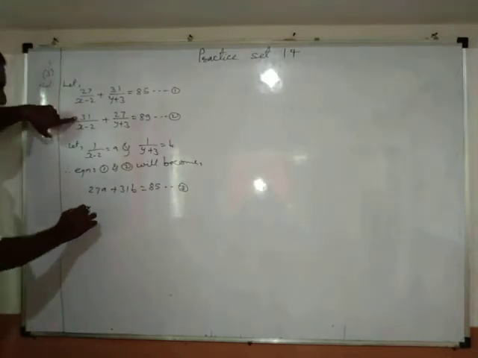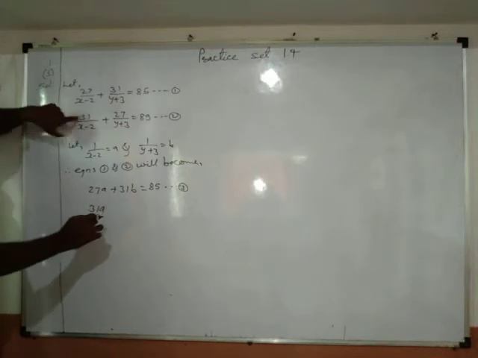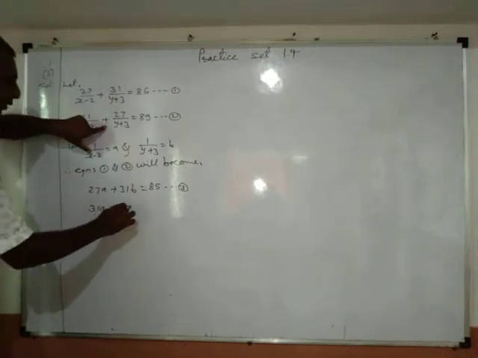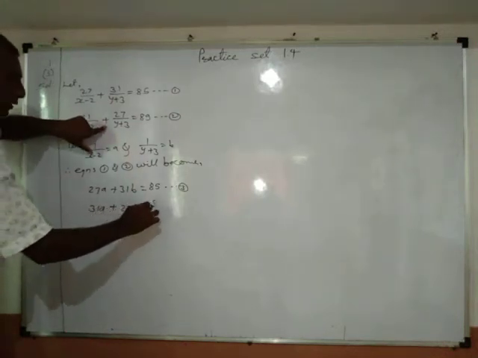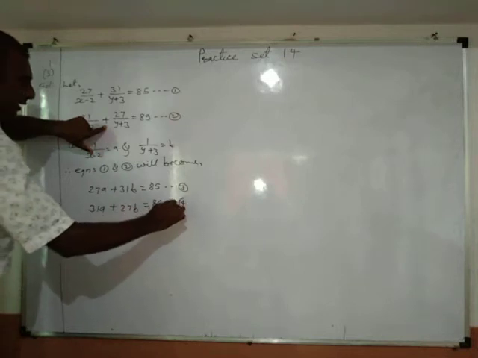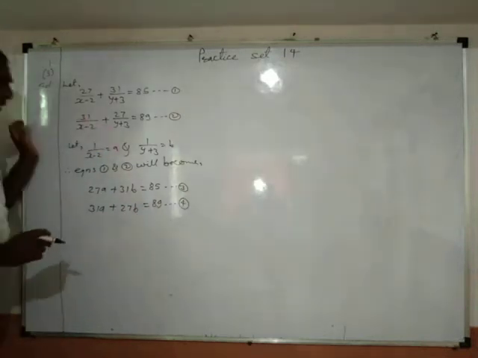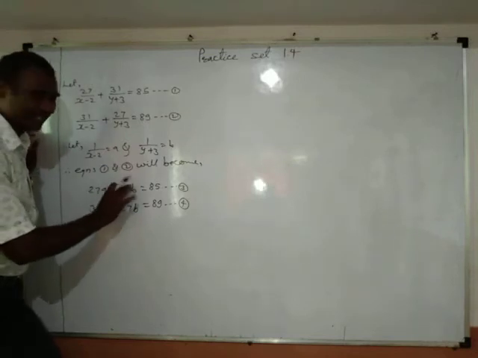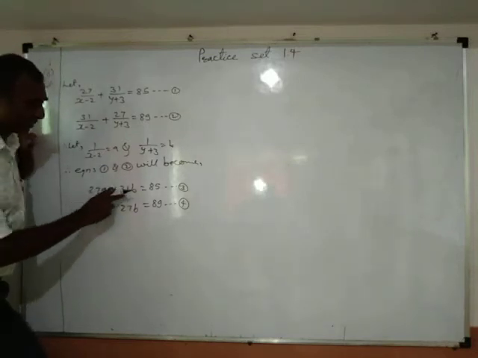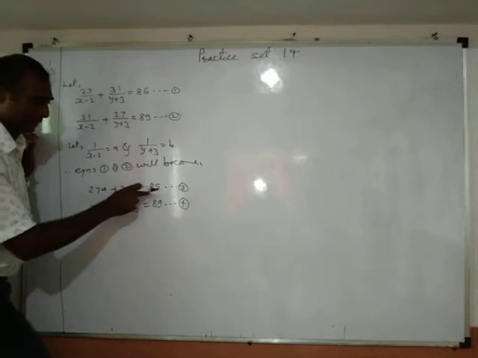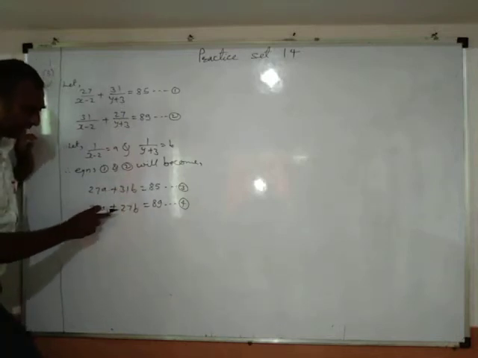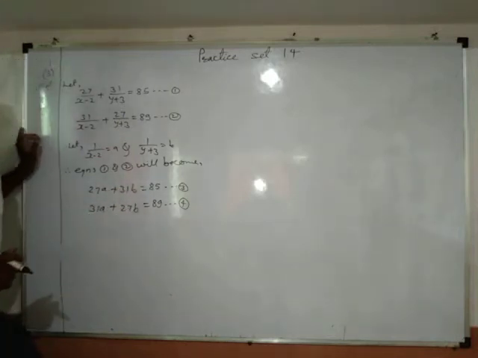Similarly it will be 31a plus 27b equals 89. Equation 4. Now here you may note the coefficients of a and b are exchanged. 27a plus 31b equals 85 and 31a plus 27b equals 89.